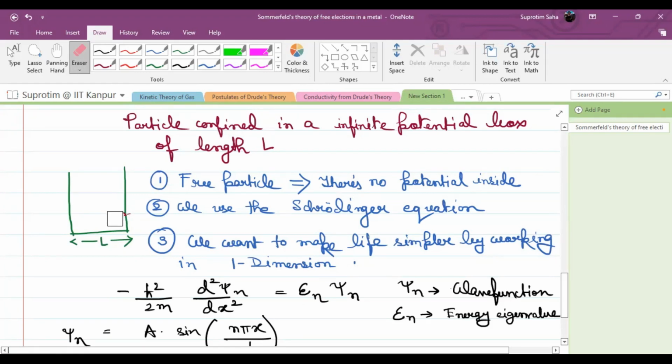Here the first solution will be like this. And the second solution will have a single node because it is for n equals 2, and 2 minus 1, there will be one node.